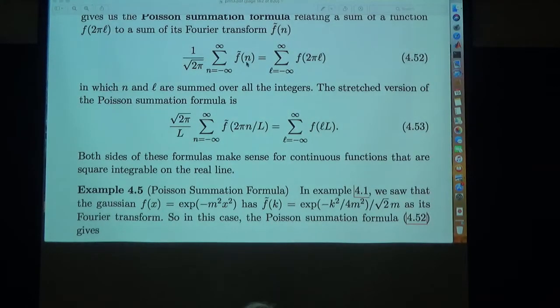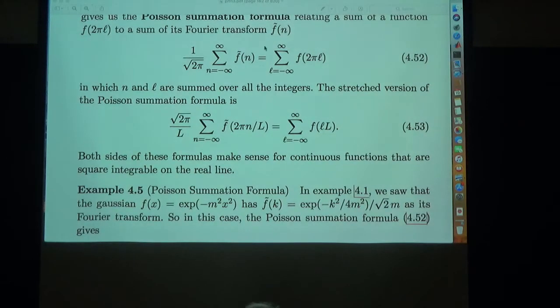Because remember when I said to you that the Fourier transform and the function behave differently. One might be big at large x. If one is big at large x, the other is big at small k, and vice versa. What that means is that one of these series converges immediately, and the other one takes forever.